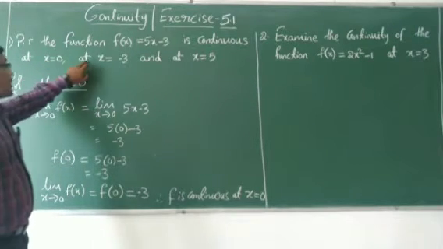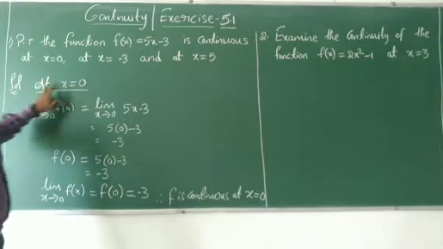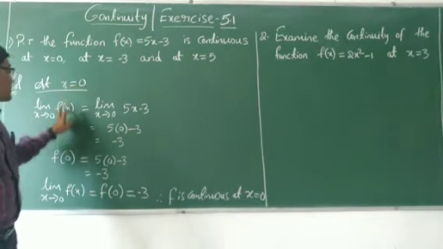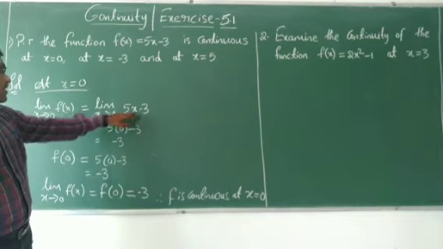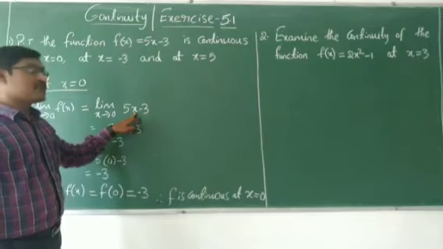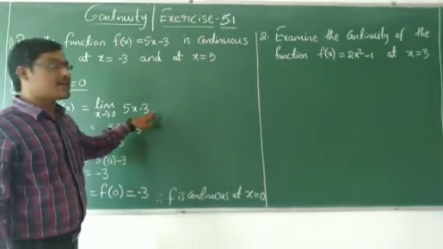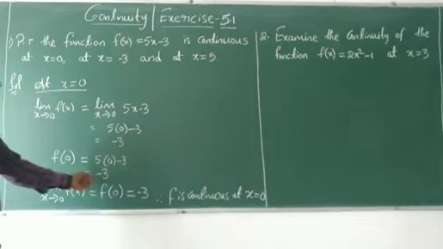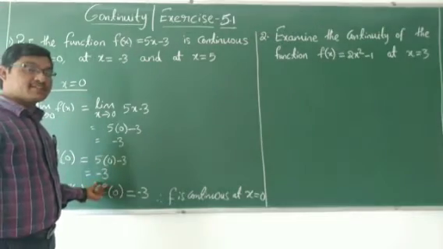We can do the same thing for x equal to minus 3. Instead of x equal to 0, take x equal to minus 3. Here x approaches to minus 3: 5 into minus 3, minus 15, minus 3, minus 18. So here you get minus 18. Here substitute minus 3. Here also you get minus 18.